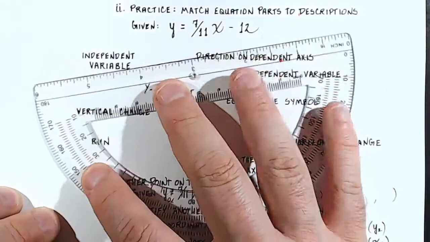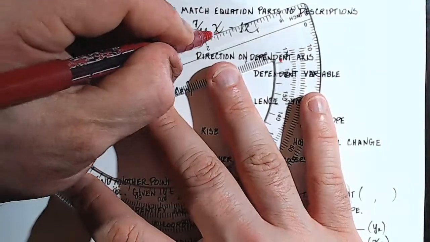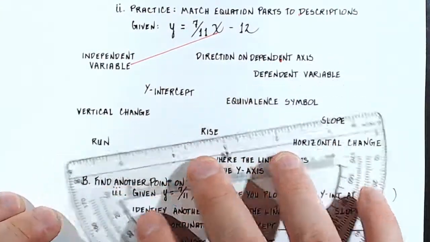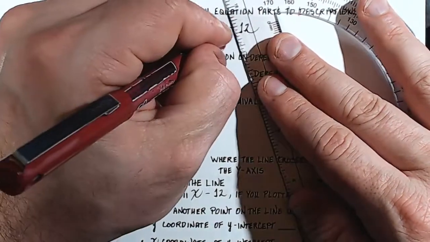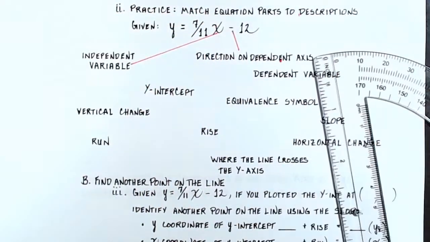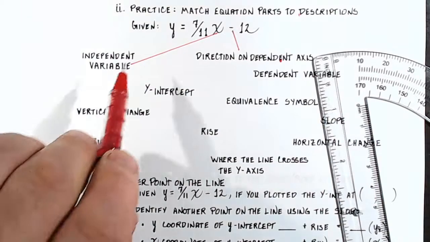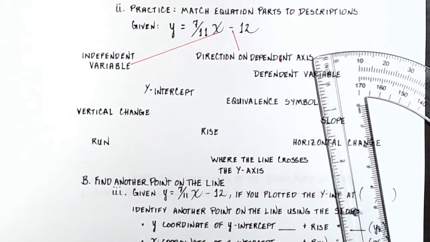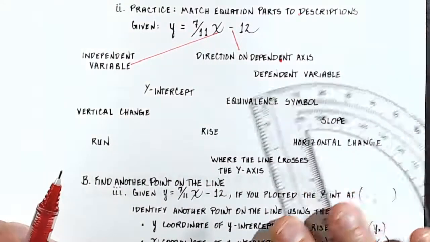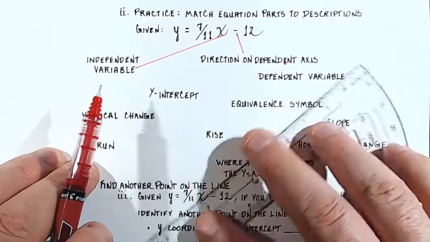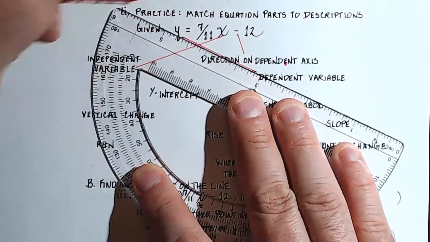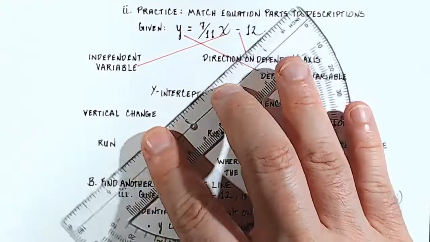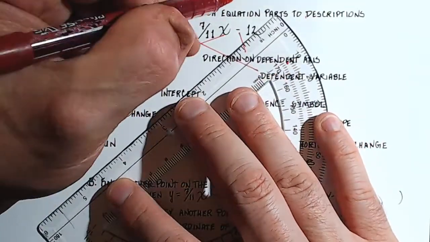The independent variable is x, so I'm going to draw a line from there to there. The direction on the dependent axis, we just covered that. That would be here. So we're identifying the parts of a real equation, y equals 7/11 x minus 12. The dependent variable, that's y. The y-intercept, that's negative 12.